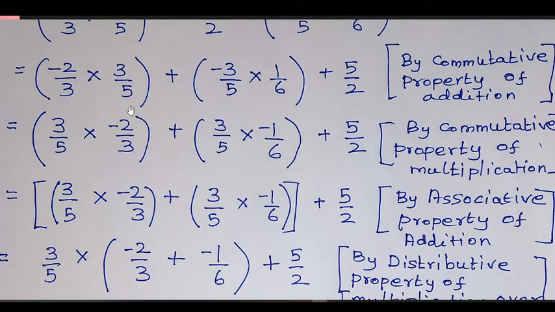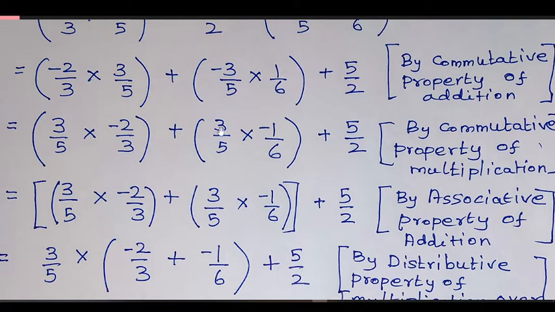This 3 by 5 and minus 3 by 2 by 3 into 3 by 5, I can write as 3 by 5 into minus 2 by 3. Why? Because the commutative property of multiplication says a into b is nothing but b into a. I can interchange the terms while I do the multiplication. So I just change it to 3 by 5 into minus 2 by 3.